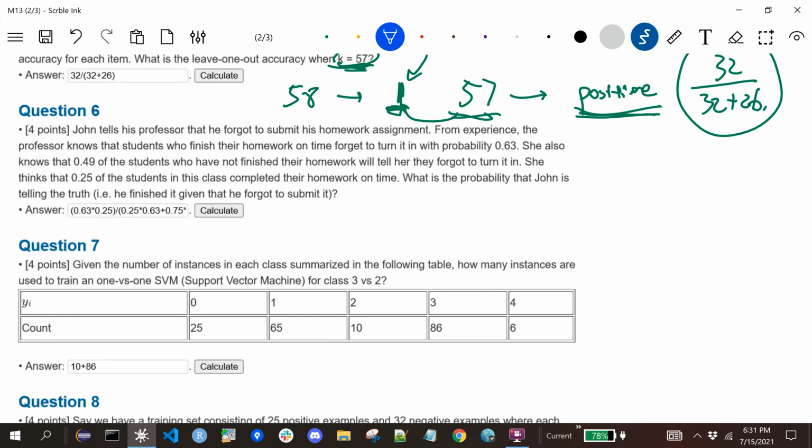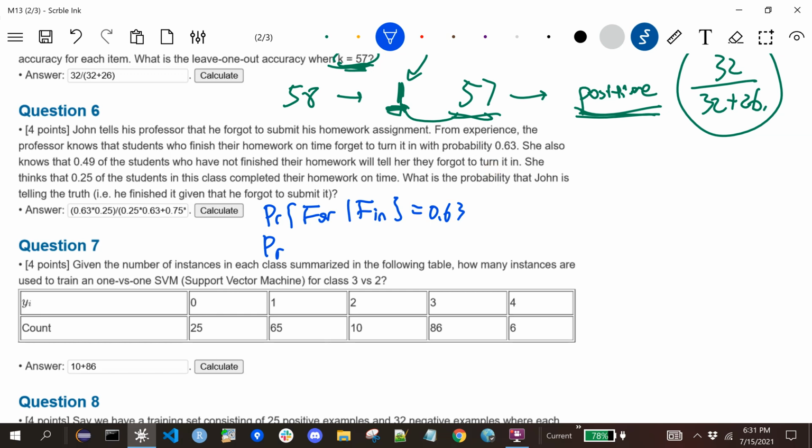The next one, hardest part is translating this English into, well, not English. So let's do that. And we want to write the probability. The first sentence is translated to probability of forget given finished is 0.363.